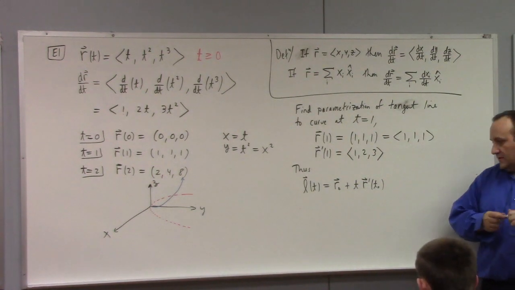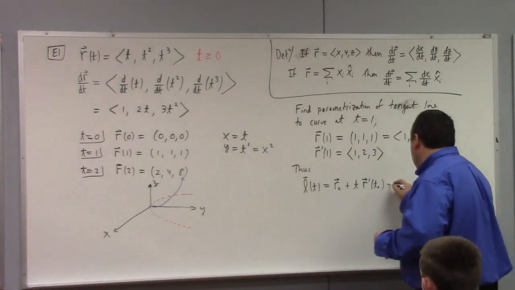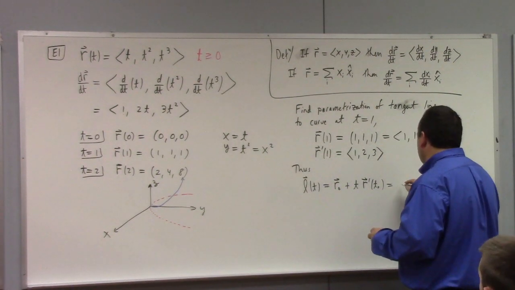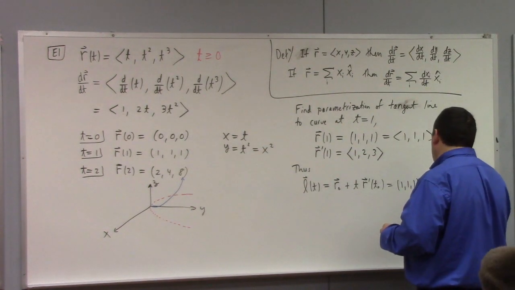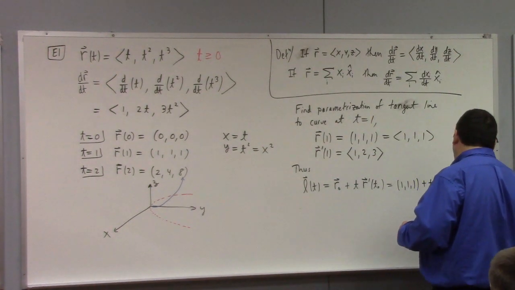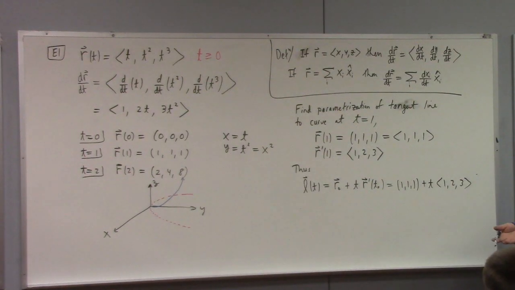Now, so here, we've got 1, 1, 1 plus t times 1, 2, 3. There you go. That's the parameterization of the tangent line. Now, the weird thing is that makes t equals 0 the point of tangency for the tangent line, right?